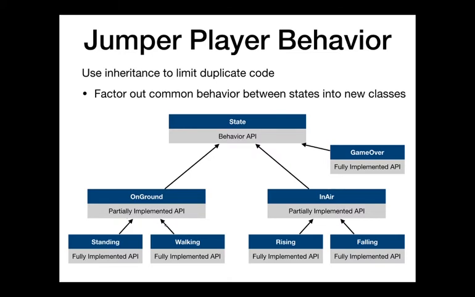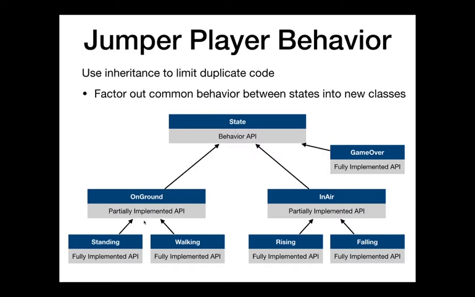So any state where I'm going to be on the ground, I'm going to implement this on the ground class and have any of the common functionality in that class, and then extend that through standing and walking. So I can have both of those classes just inherit that functionality from on ground, and then only implement the functionality that needs to be different between the two. And then we get all the advantages that we talked about before.